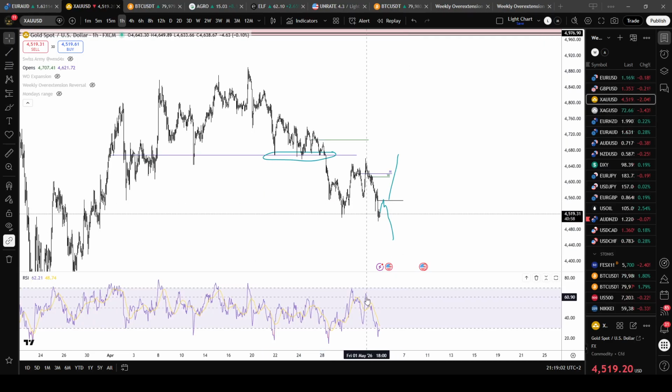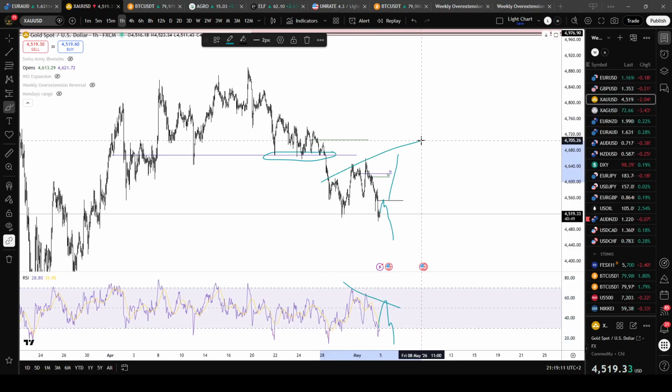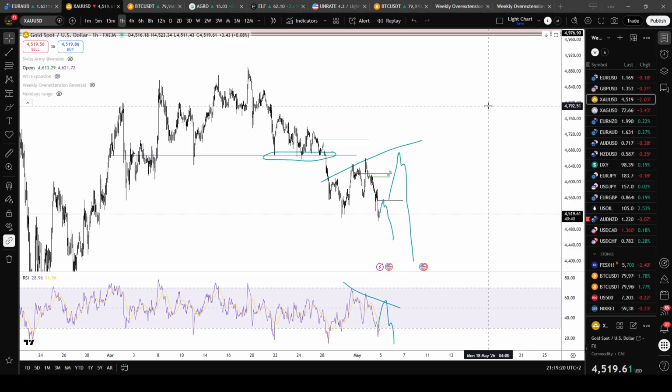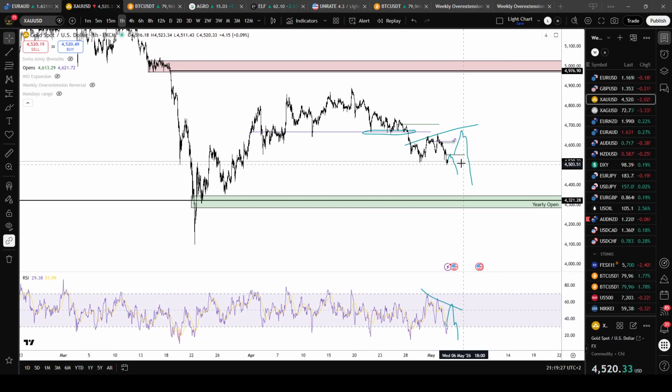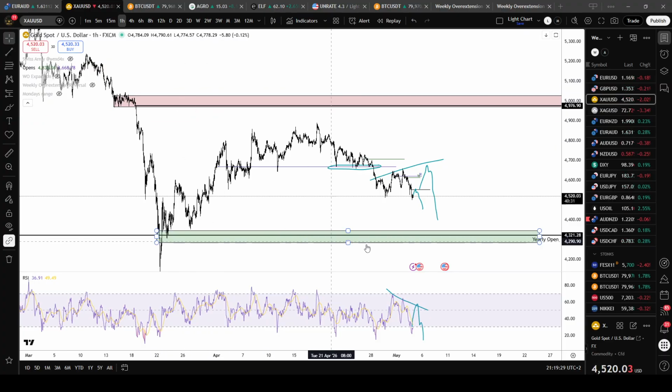And if we got something like that on the RSI, you would have a bearish divergence into that level. That would be a great opportunity to get short this market. But again, I think it's a bit in the middle of nowhere, and I'd much rather play longs from the yearly open or shorts from the 5k level.